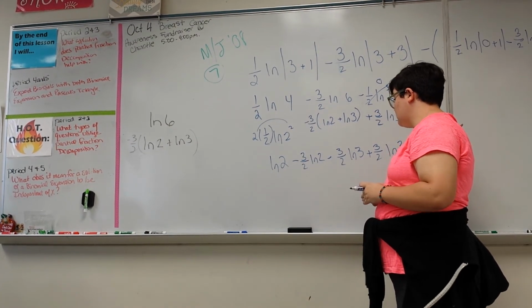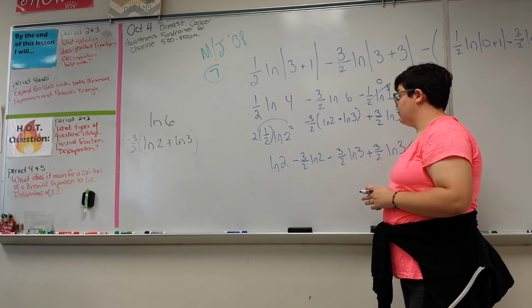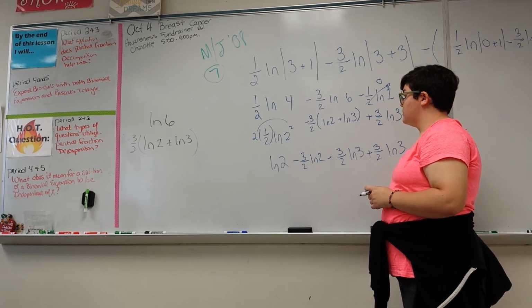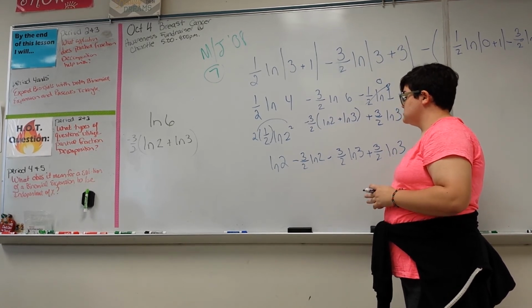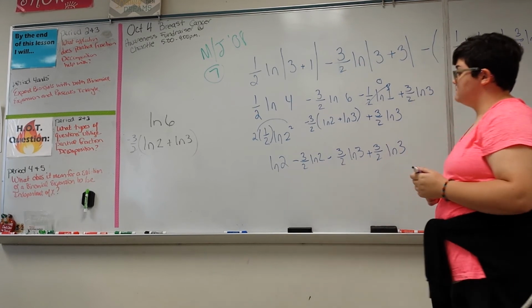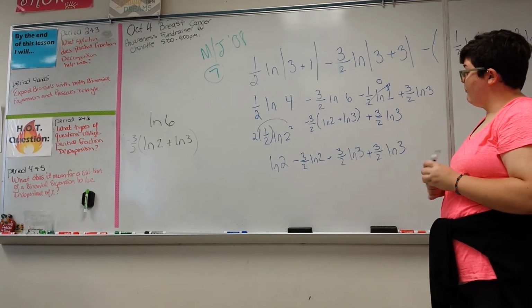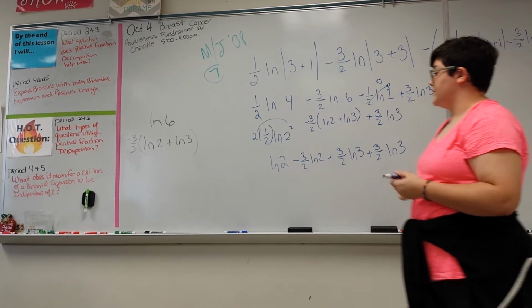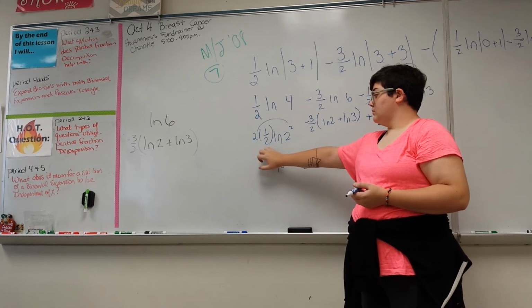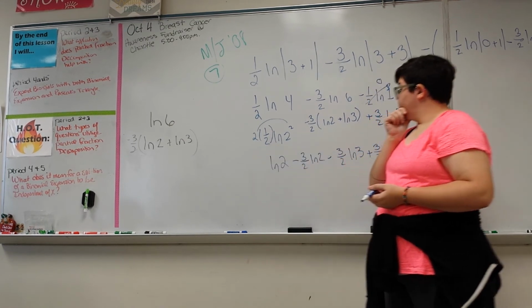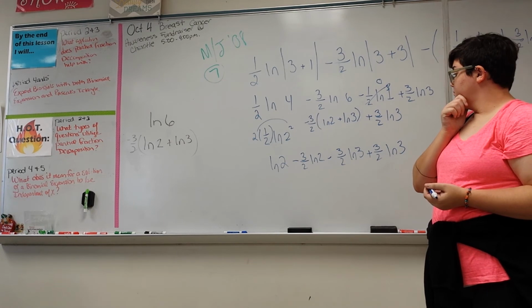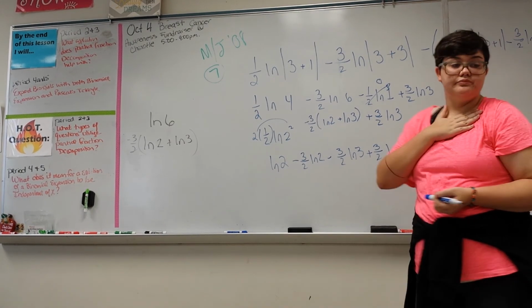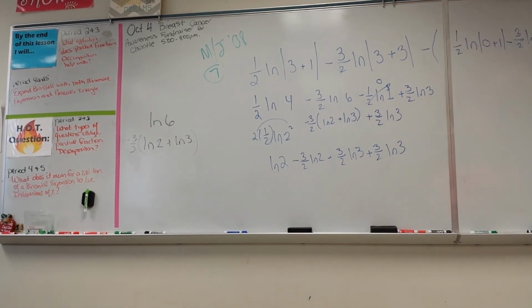How do we get 1/2? How do you get a 3? We have 1/2 up here.